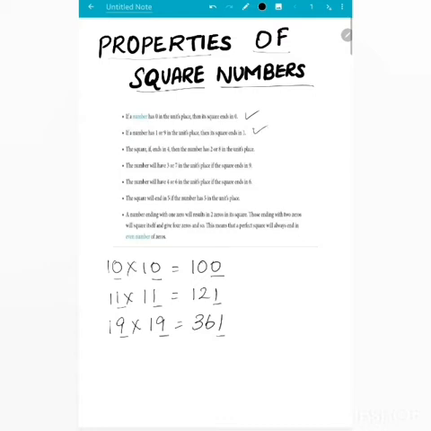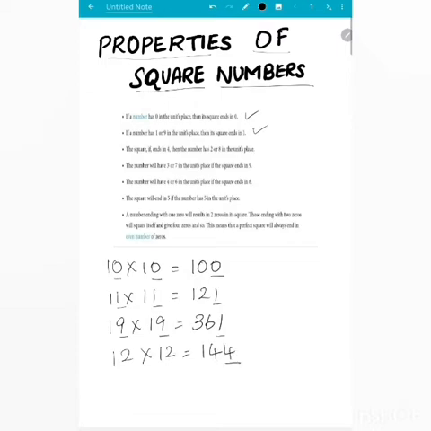Okay, the third one: if a square ends in 4, then the number has 2 or 8 in the units place. Once again I repeat, if a square ends in 4, then the number has 2 or 8 in the units place. Suppose I take 12, 12 twelves are 144. So automatically the square number ends in 4.